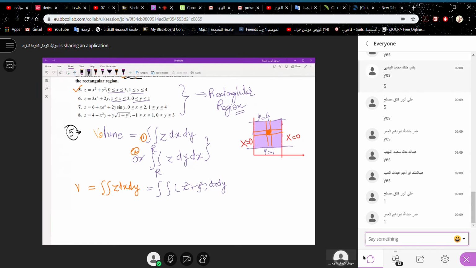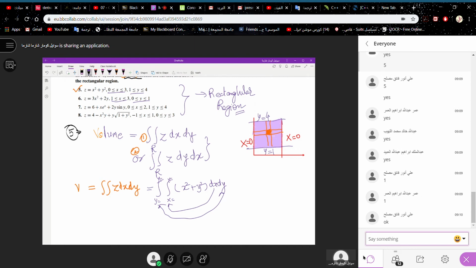Okay. Now we need the limit for x and the limit for y. If you write like this, then this is outer, inner. So we need the limit for x. This is your element.